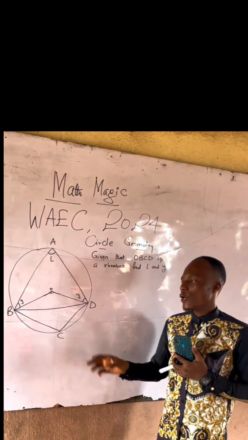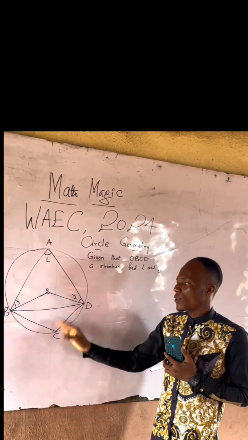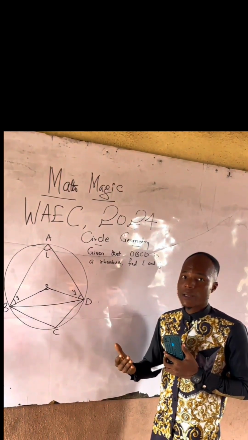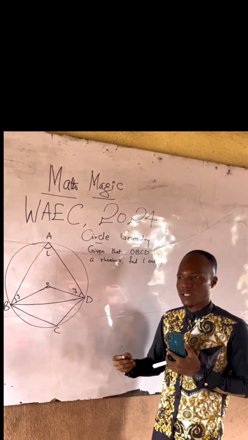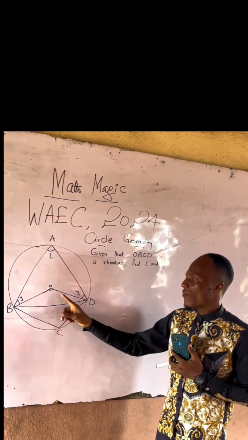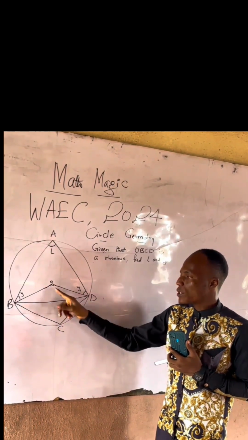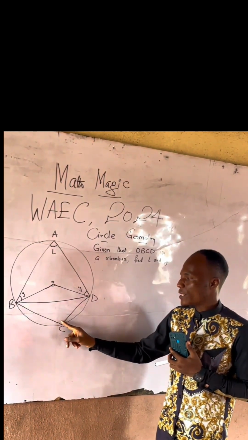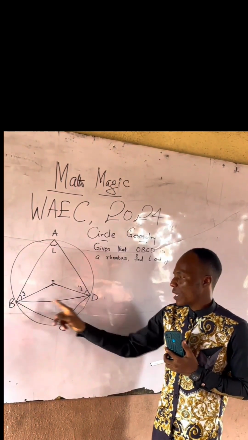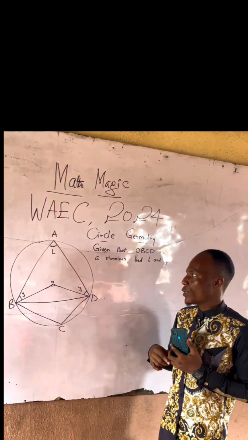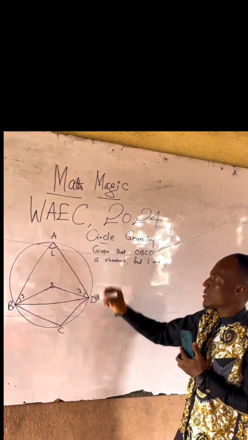A rhombus is a quadrilateral that has all the sides equal, like a square, but a rhombus doesn't have all the angles equal. The opposite angles are equal, meaning this angle and this angle are equal, and this angle and this angle are also equal. So having said that, let's go straight into this.